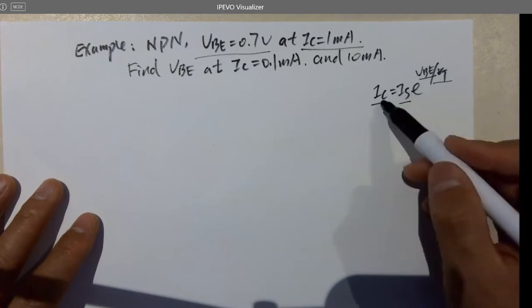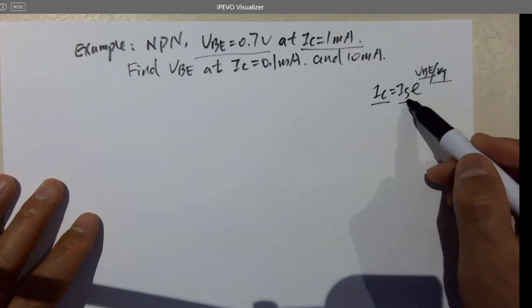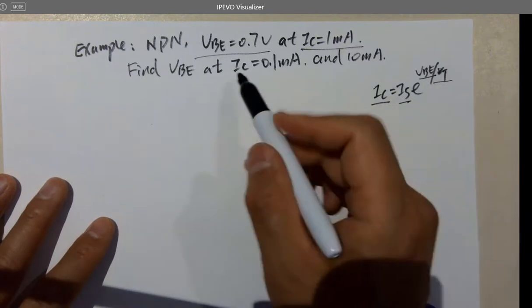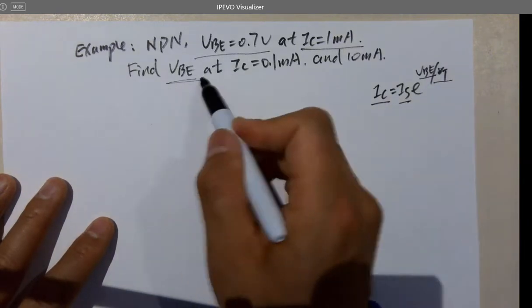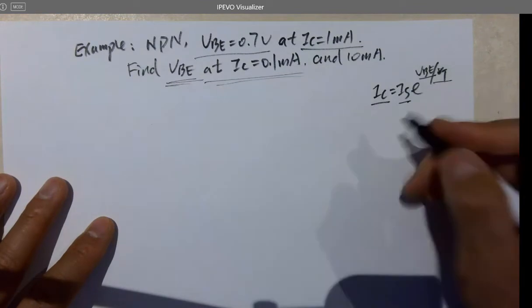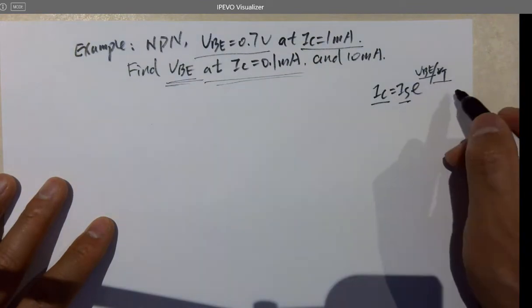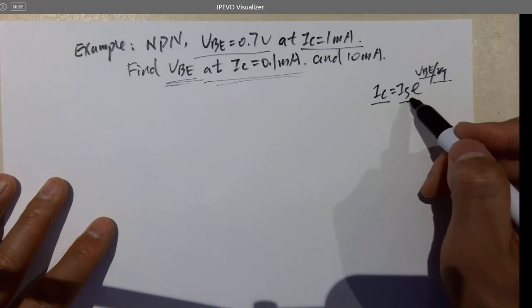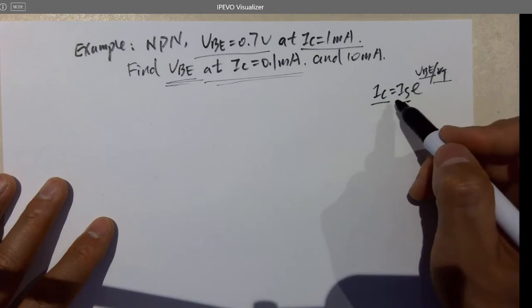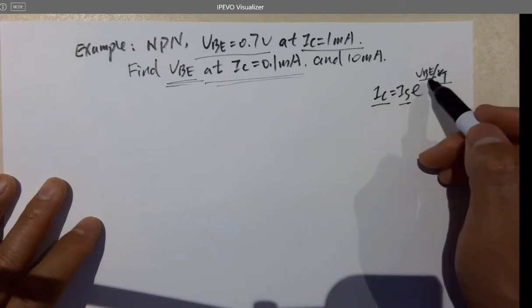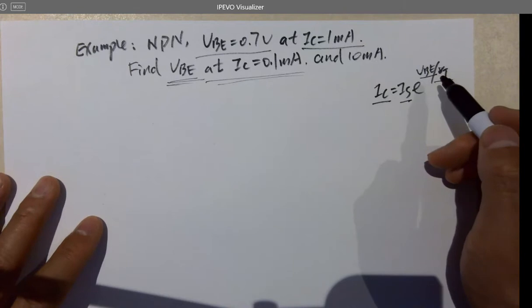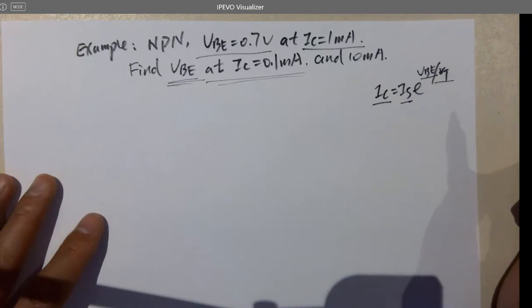I just plug in all the IC, VBE, and VT and calculate IS. And then when I'm trying to calculate the VBE from here, I'm going to list another equation, the same one, and use the same IS in there to find out VBE. It takes a lot of time to calculate in that way. I mean, there's an easier way to do it.